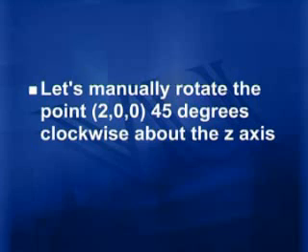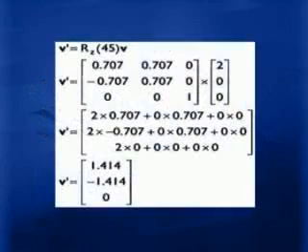Let's just take a simple example: if we are going to rotate some point like 2, 0, 0 by 45 degrees clockwise about the z-axis, what would happen? If v is our original point, v dash would be the transformed point, and we are talking about rotation about the z-axis by 45 degrees.